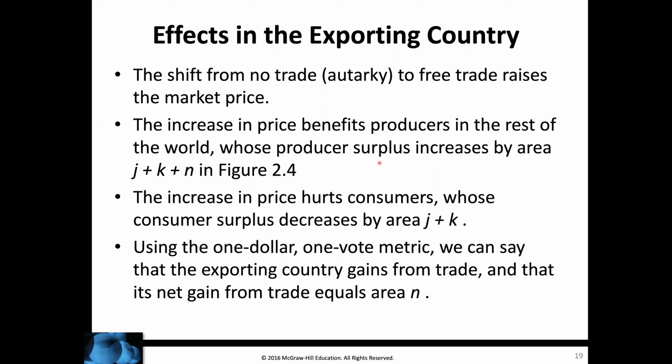Their producer surplus increases by area J, K, and N. And the increase in price hurts the consumers of those other countries whose consumer surplus decreases by areas J plus K. So using the $1, one vote metric, we can say that the exporting country gains from the trade and that its net gain from the trade is area N.